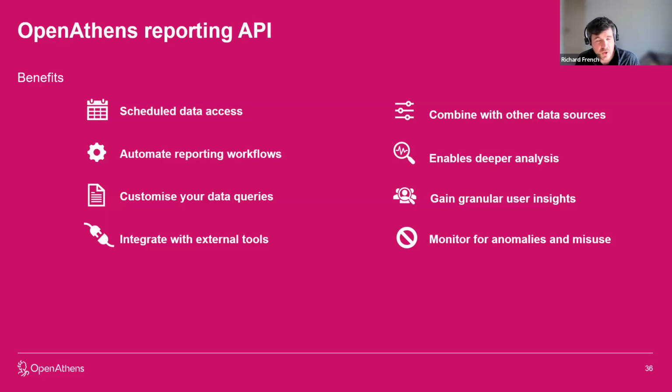The custom queries and integrations with tools like Tableau enable deeper analysis, and granular data opens up new insights, from resource usage patterns to security monitoring. And importantly, combining OpenAthens data with other sources like VLE activities, CRM records, and attendance logs can create a complete picture that helps support strategic decisions and even student success.